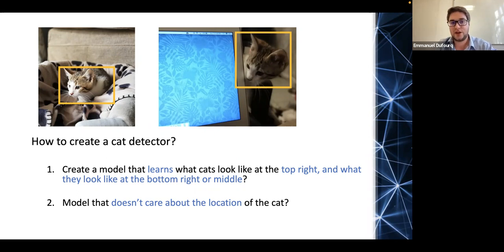Is it better to create a model that specifically looks in certain areas, or is it better to have a model that doesn't care where the thing is, and tells you that it can see it regardless of the location? So which one do you think it is? Model 1 or model 2?